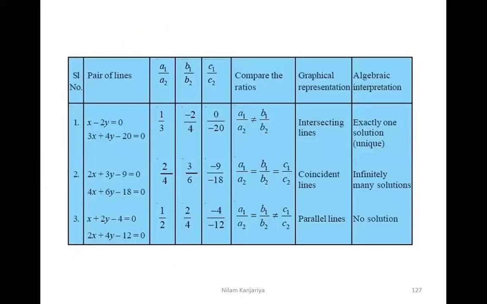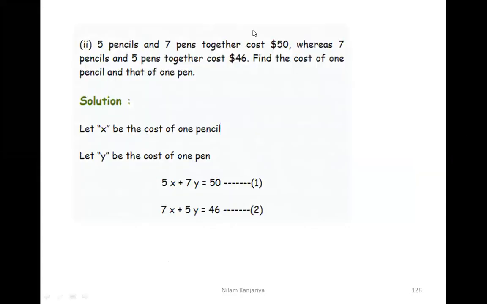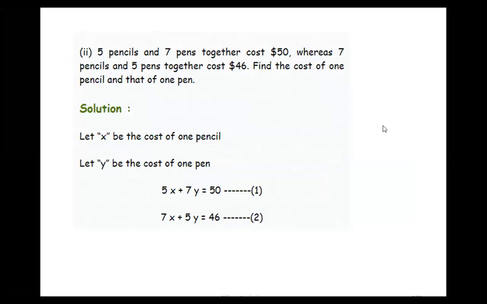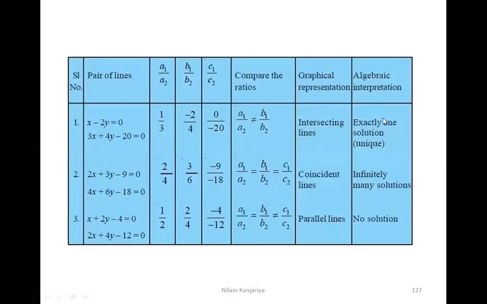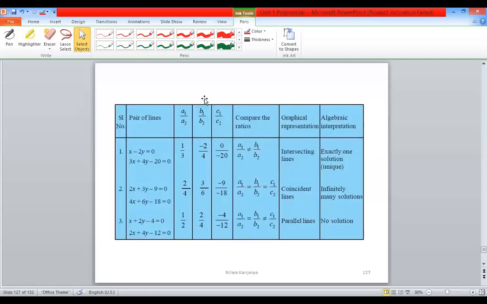And now I can understand the given lines by the equation. This is the formula to find it. We just check and say whether the lines are parallel, intersecting, or consistent. So when this condition is satisfied, like this one, A1 by A2 is not equal to B1 by B2, you can say the lines are intersecting. That means it has exactly one solution.